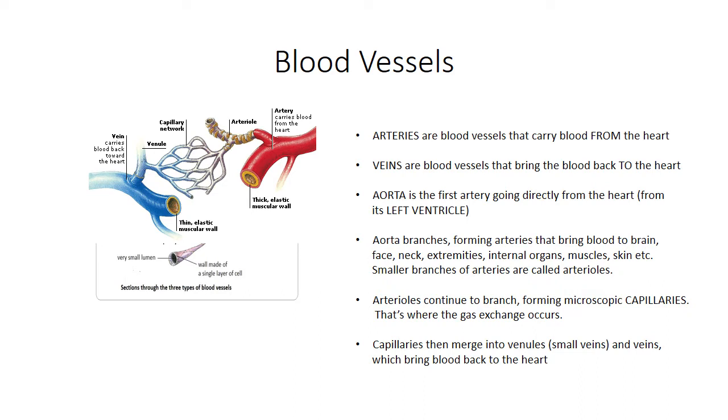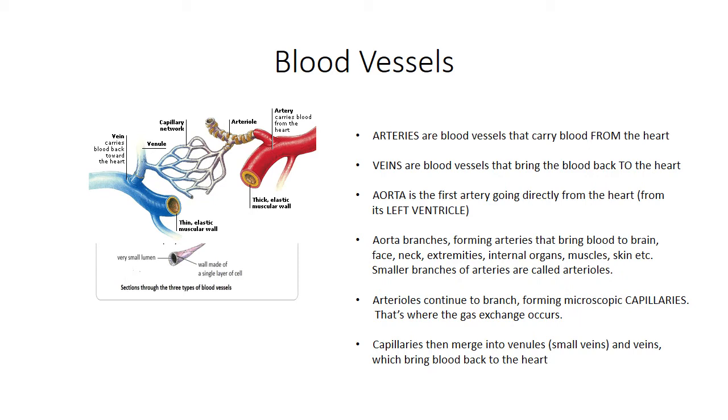They keep their lumen, their hollow part, of the same volume, but they are elastic, meaning that they can stand very high pressure of the blood that is pumped from the ventricles of the heart, from the left ventricle to the aorta and from the right ventricle to the pulmonary artery. And this is the golden rule that you guys need to know: we call arteries those blood vessels that carry blood from the heart.